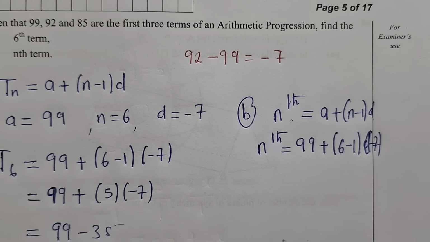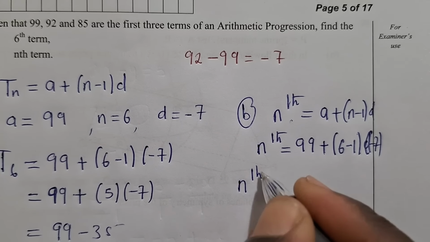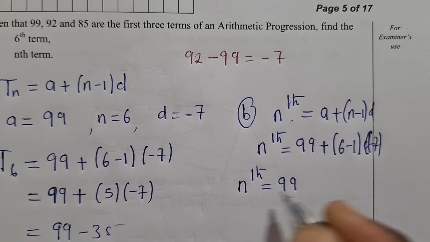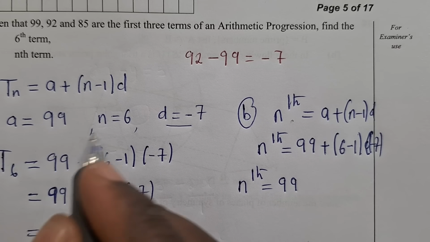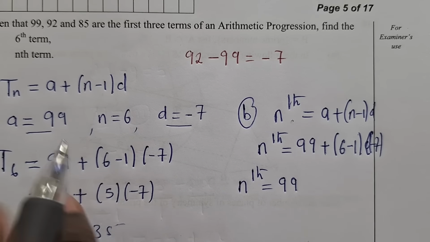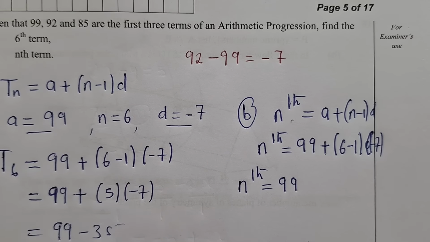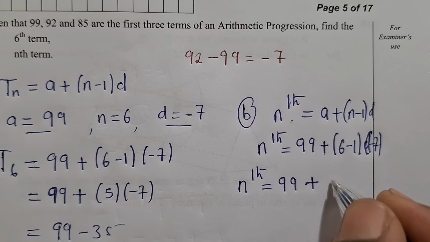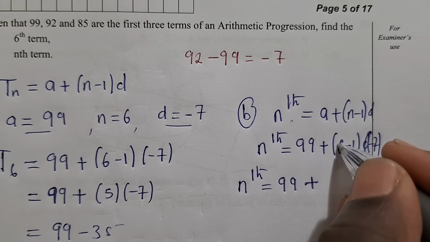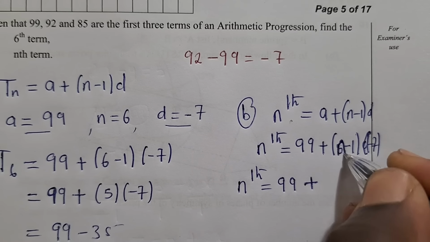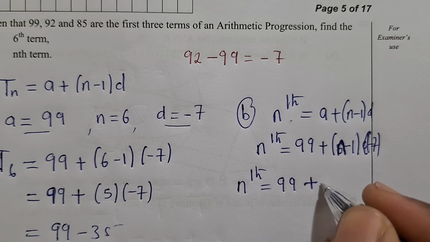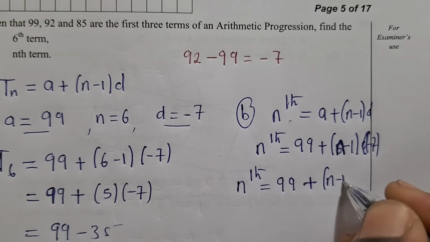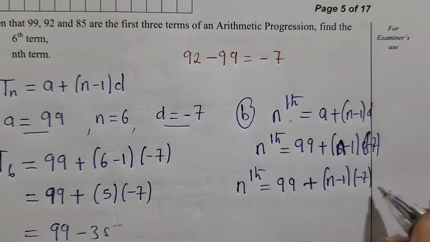Remember the d, we are using it and the first term. So here we just use the first term and the d. Here don't put the value of n, leave it the way it is. So this will be n minus 1 and negative 7 here.